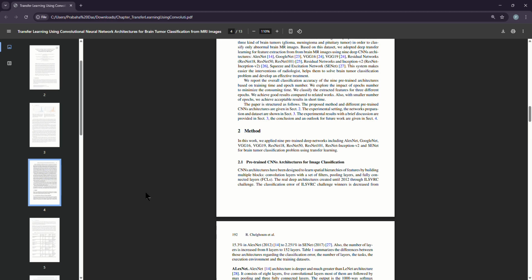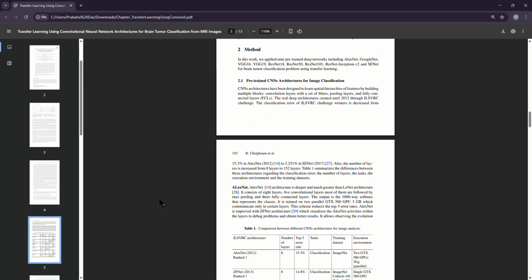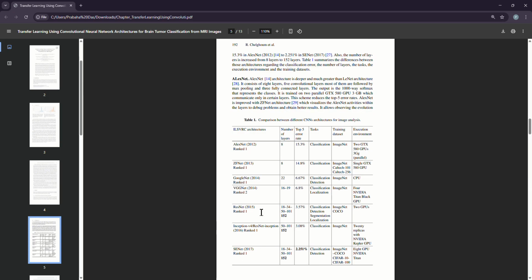These architectures vary in depth, number of layers, and computational efficiency. CNN architectures have significantly improved over time, with classification error decreasing from 15.3% to 2.25% in SENet. Also, the number of layers has increased from 8 layers to 152 layers.